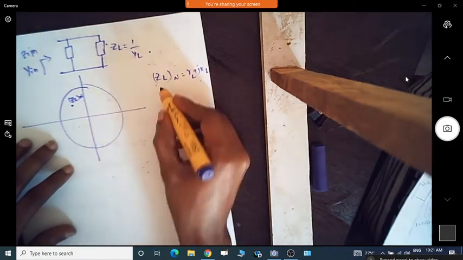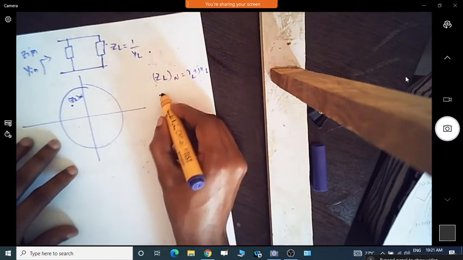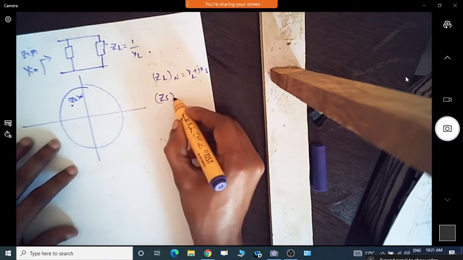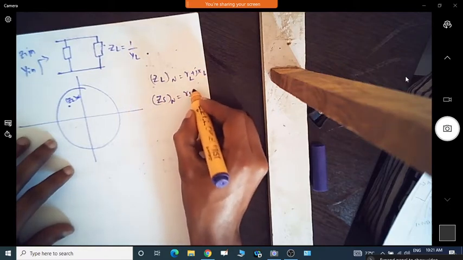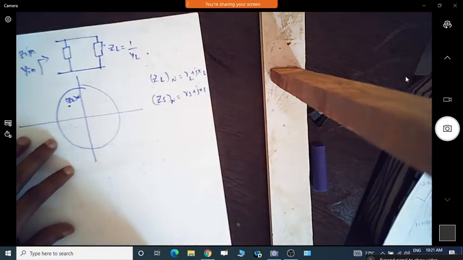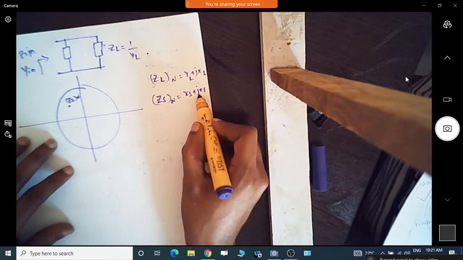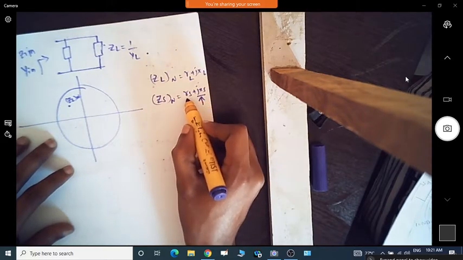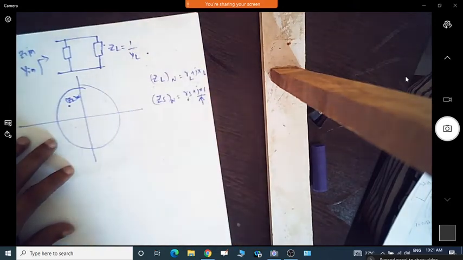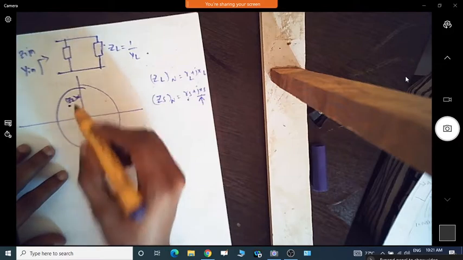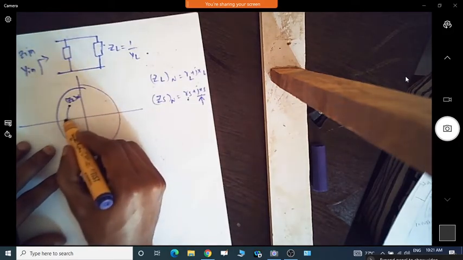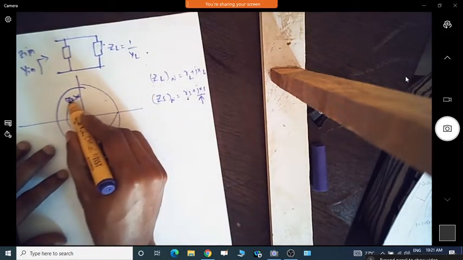Now for this we need to add the series element ZS normalized, which is RS plus jXS. You can first add the reactance and later add the resistance, or add the resistance and later the reactance, both ways are possible. Now we can see this is a point where we have the resistance circle, for example like this.